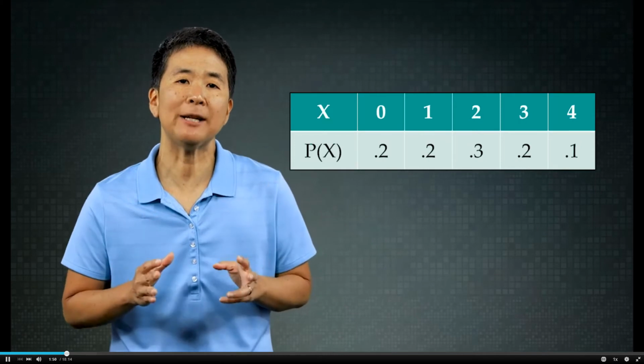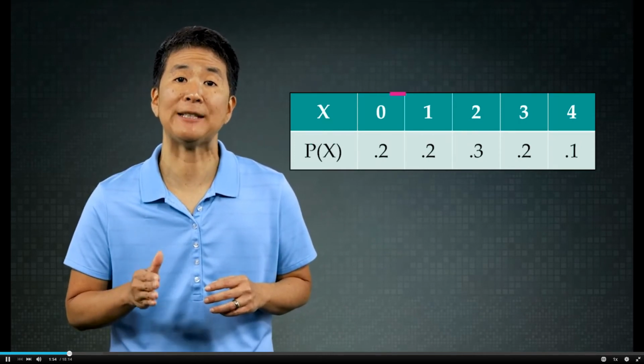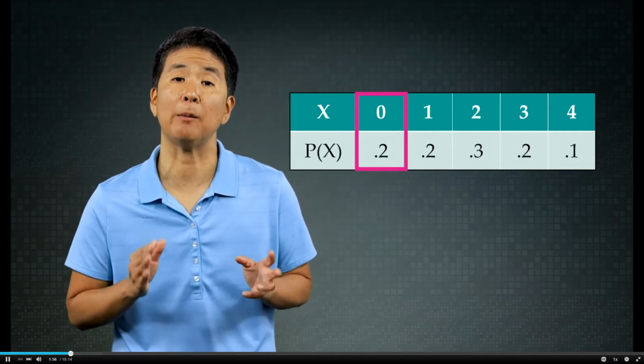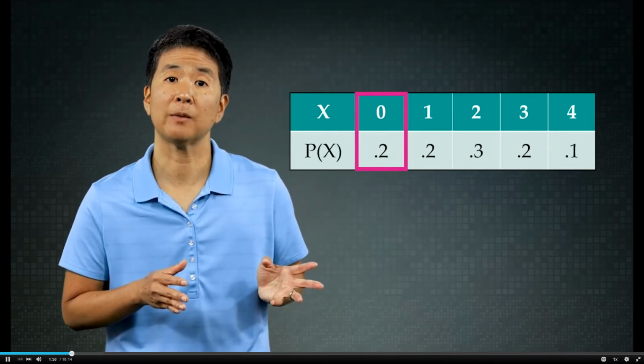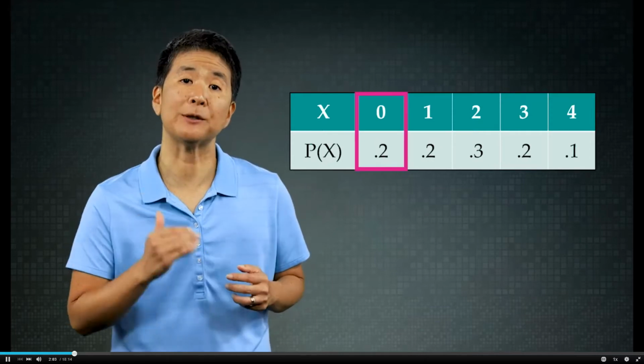So if we have 10 people in our population, we know 20% have 0 siblings by looking at the probability distribution table. Therefore, out of my 10 people, 2 of them have 0 siblings.